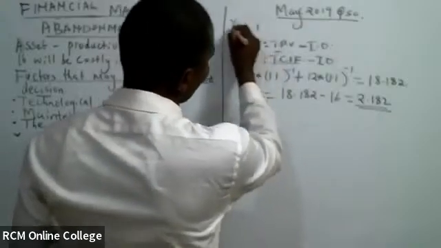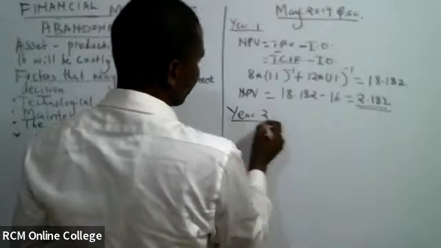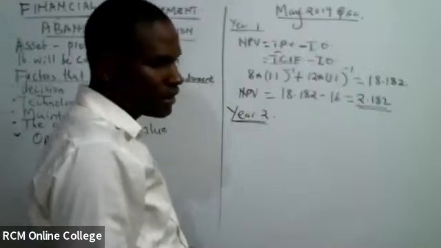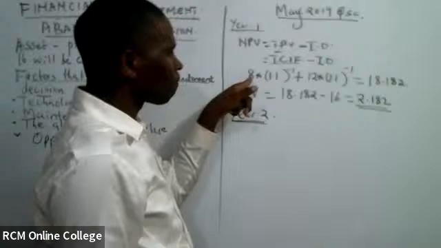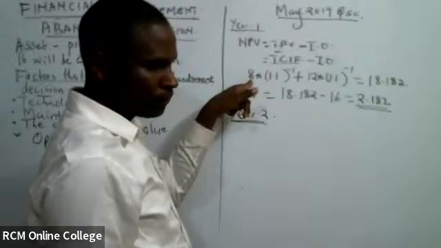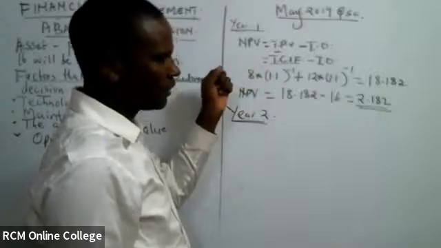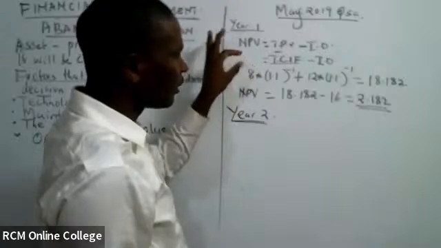This is year 1. What about now when we go to year 2? Class, I want you to note that in year 2, this cash inflow will also be included. It will be part of the inflows.